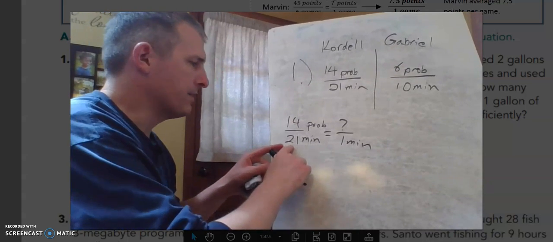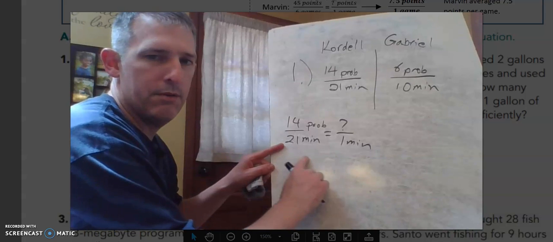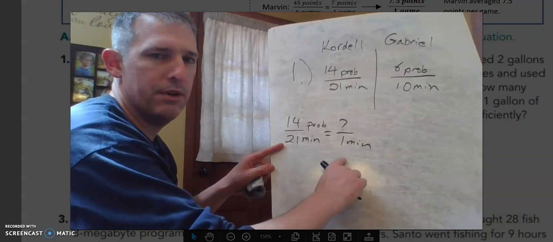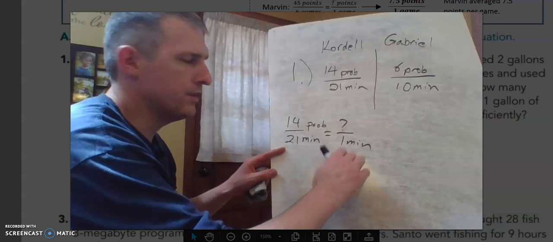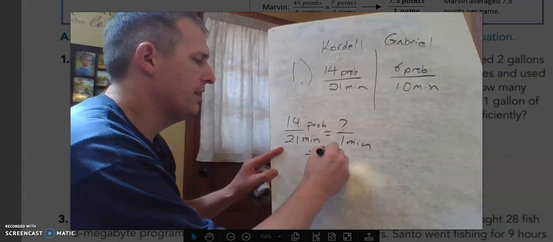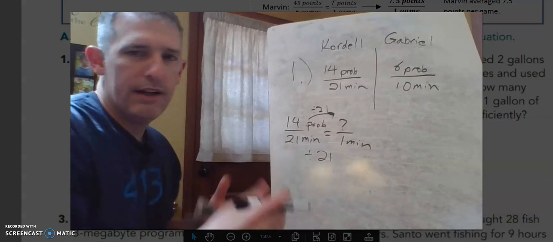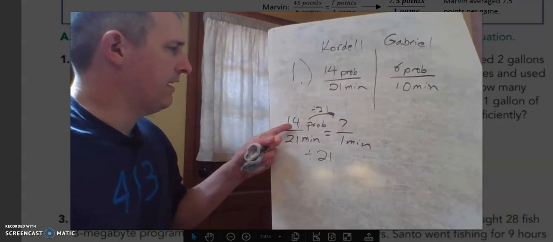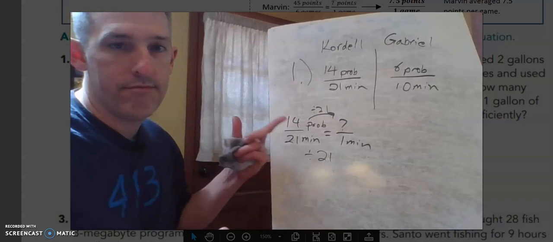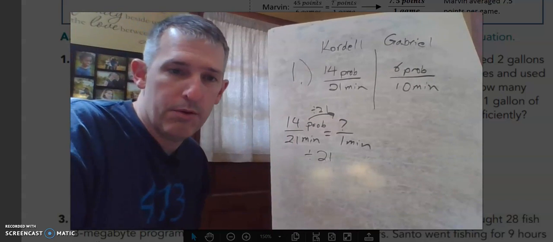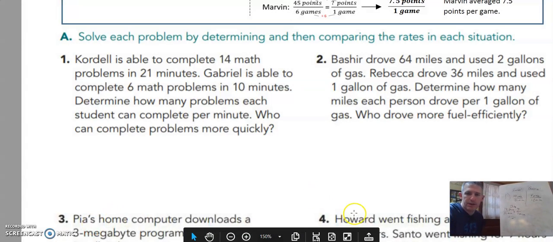So I want to know how many problems can I solve in 1 minute? Okay, are we scaling up or down? Okay, well, we're going down, right? Because from 21 to 1 is scaling down. So I want to divide. So I'm going to divide by 21, which means I need to divide by 21 up here. Now, that may seem weird because we're going to get a number smaller than 1. It's going to be a decimal. All right, no worries. Let's pull up a calculator and let's see what we get.